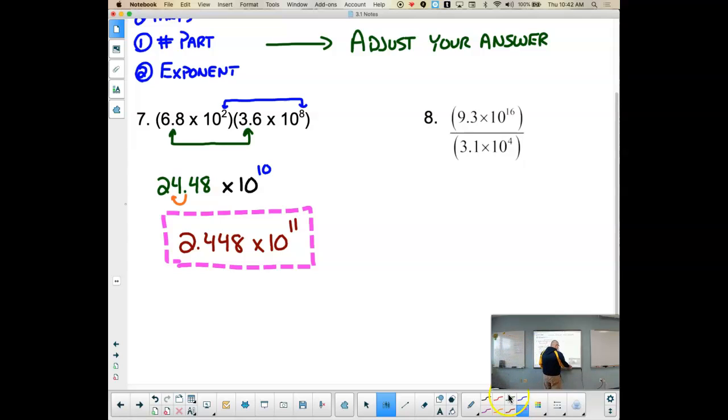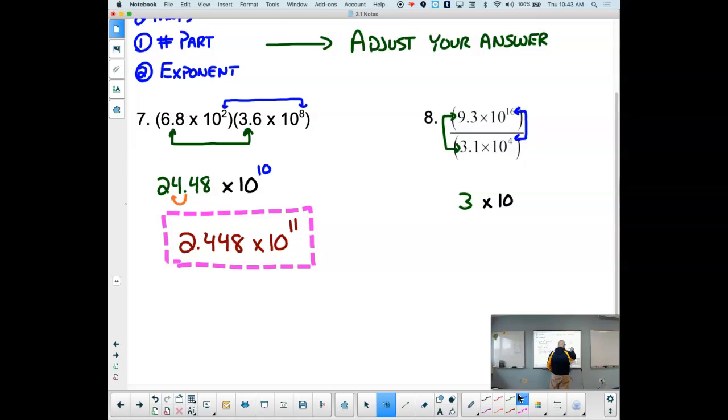Dividing, same thing, okay? Except now you're looking here at the numbers. 9.3 divided by 3.1 is 3. Exponents, we look at those because we're dividing, we subtract them.